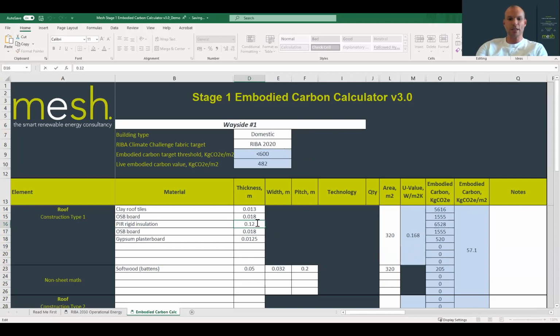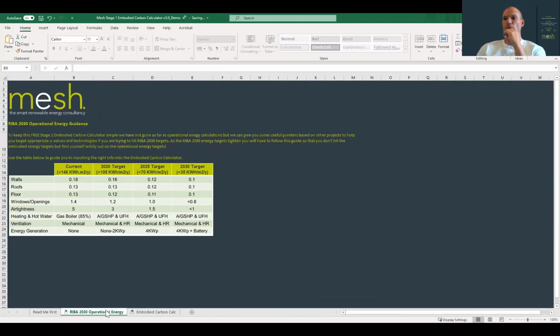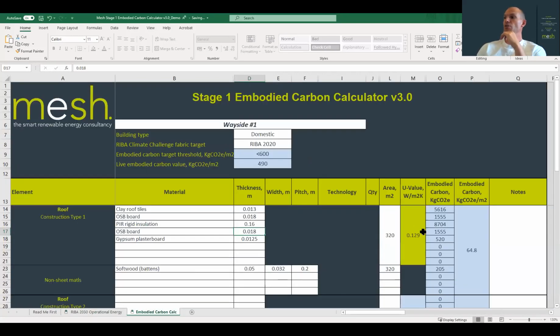It must be lower than 0.18. You can keep adding the PIR insulation values to see what the threshold is. So I think it must be about 0.13, 0.14. So we've got, yeah, 0.13. So as soon as this falls below 0.13, it goes green. And so you know, again, you're on the right track.